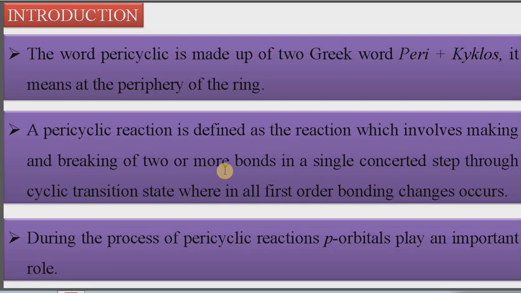Concerted path means the bond breaking in reactant molecules and bond formation in product molecules take place simultaneously, at the same time. Number two, the pericyclic reaction involves a cyclic shift of electrons.